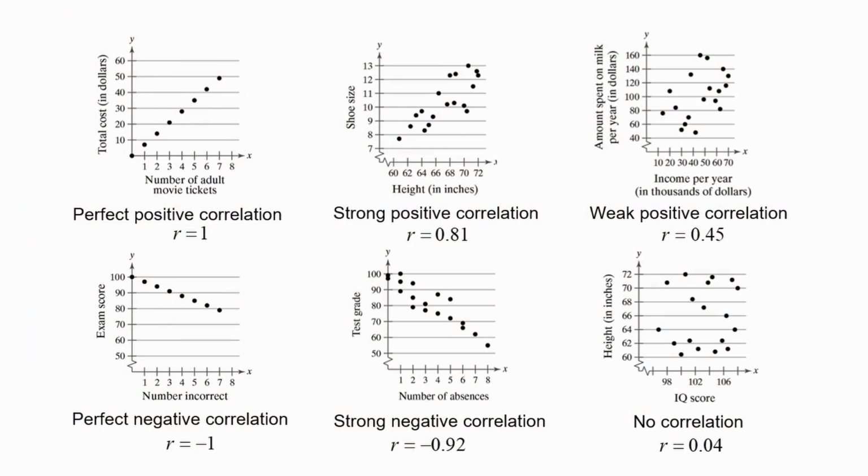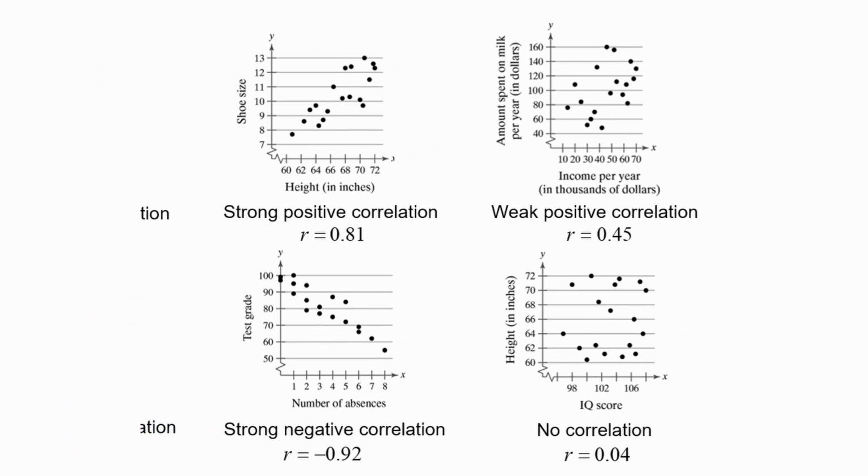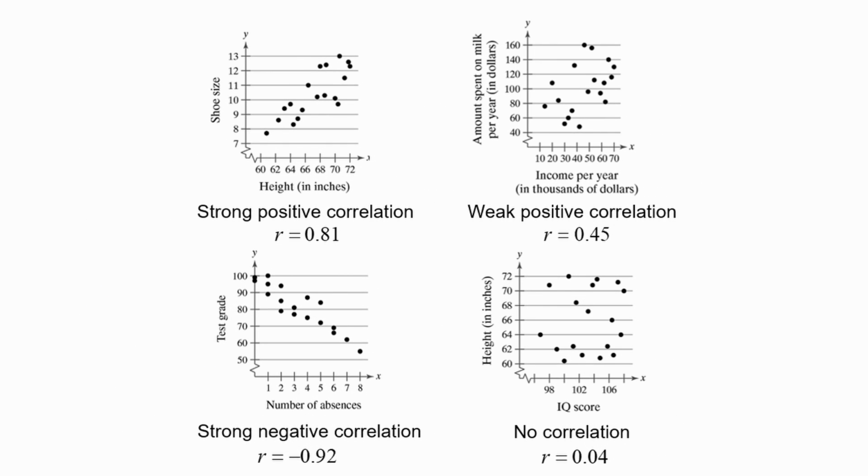Unless you're in a very specific context, like we're going to see with these quick flashing examples here, like the number of movie tickets corresponding to the cost of movie tickets, that has a perfect positive linear correlation, or the score on an exam as affected by the number of incorrect questions on the exam having a perfect negative correlation, usually you get something more in the middle. Very, very few things are set up to have perfect positive or negative correlation.